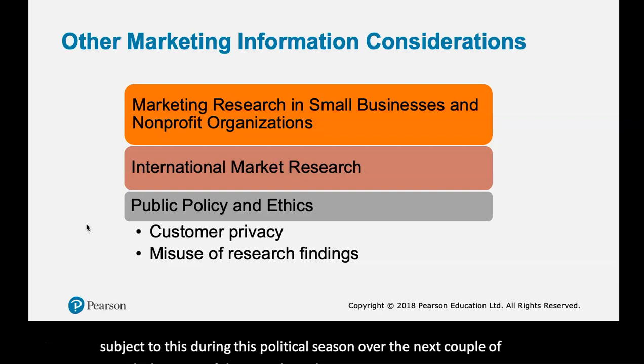You may get a call on the phone trying to find out who you're voting for, or actually they may seem like they're collecting information, but in fact they may be trying to persuade you to vote one way or the other. This might be looked at as unethical. So companies have to make sure that they meet local and federal regulations and that they don't misguide the customer. So the public policy and ethics need to be followed. And that is chapter 4.